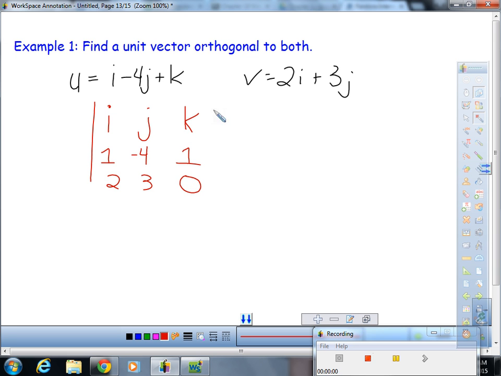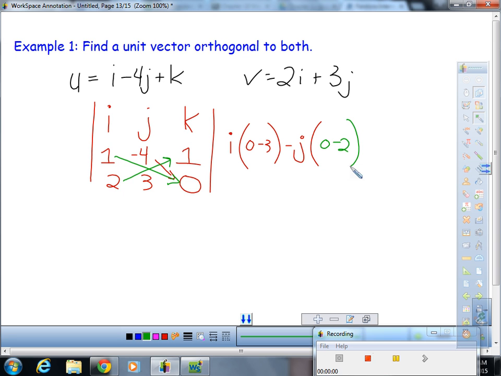We want to take the determinant of this. Okay? So it's i times 0 minus 3, minus j times 0 minus 2, plus k times 3 minus a negative 8, so 3 plus 8.